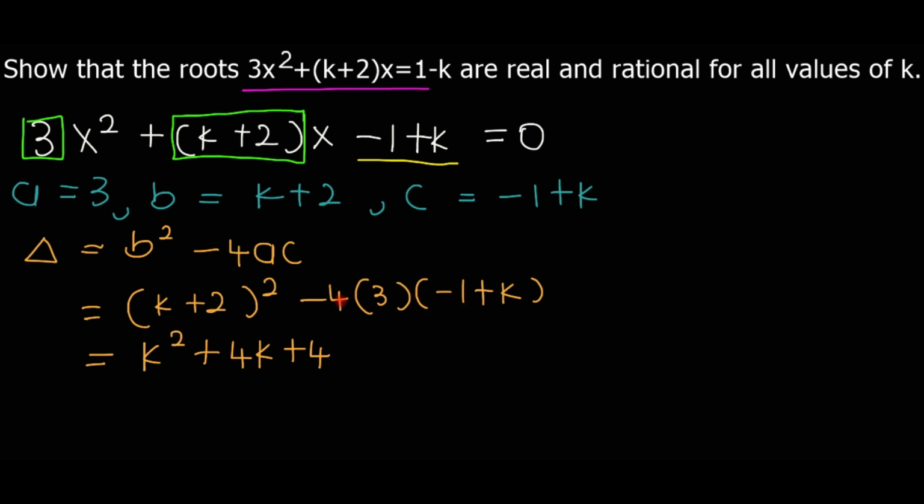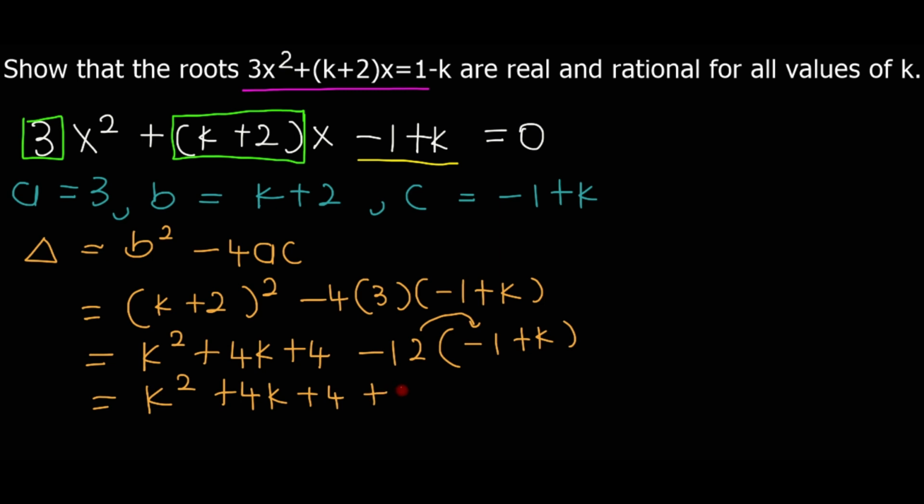Then from there, minus 4 times 3 is minus 12, times minus 1 plus k. So this is the same as k squared plus 4k plus 4, and now we multiply out the brackets: this one times this one gives positive 12, and this one gives negative 12k.